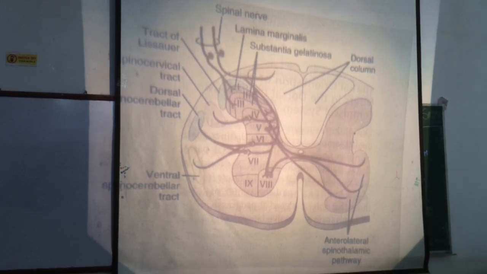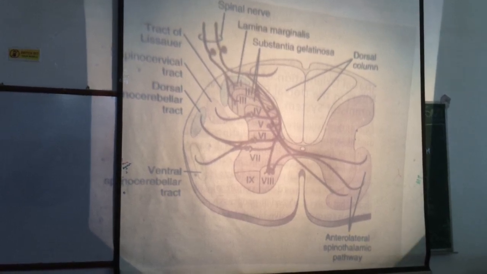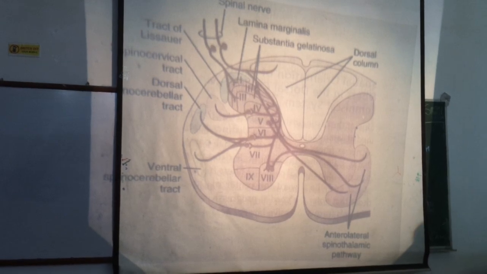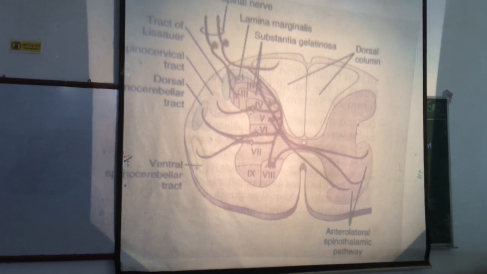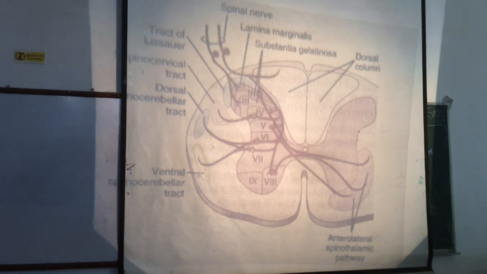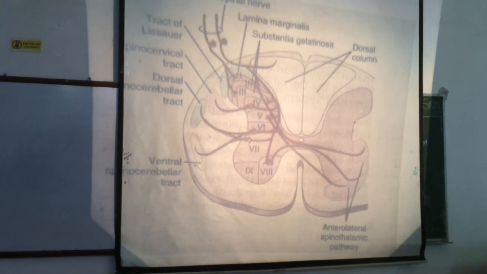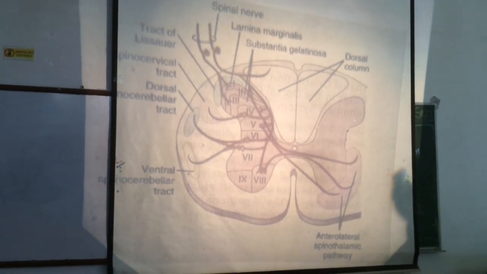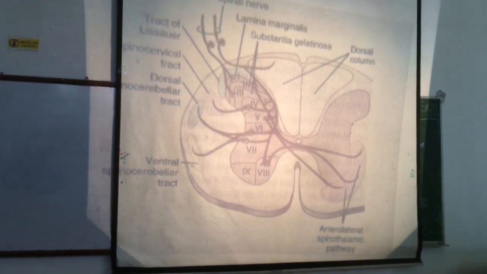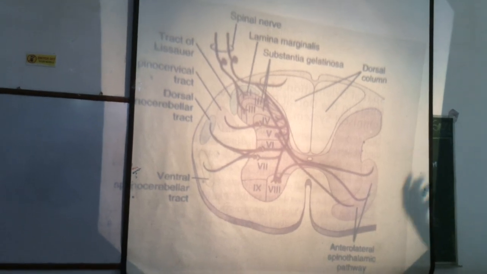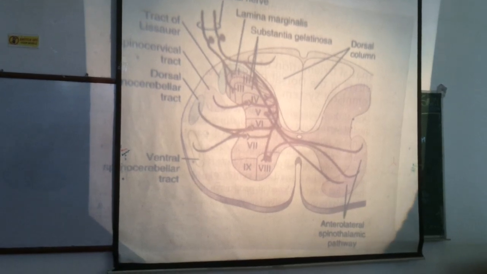It contains sympathetic preganglionic neurons, and nerve fibers come out from these segments, which are called preganglionic sympathetic fibers.